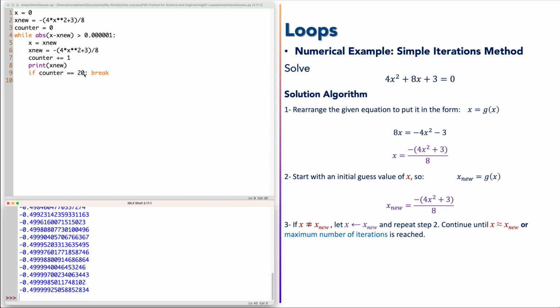Now let's check the value of the counter. 17. So as you see here, we increased the accuracy and we got the solution according to the new accuracy at 17 iterations. In order to get the final results directly, instead of printing all these values, we can add a print statement outside the loop.